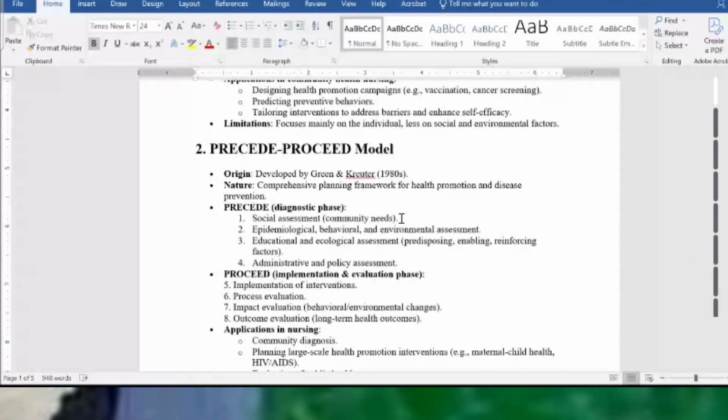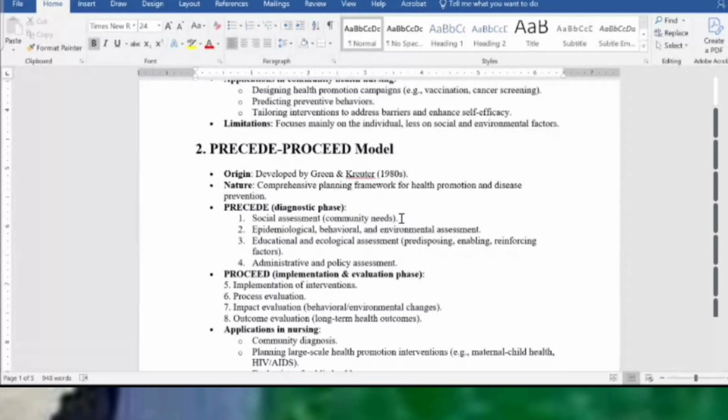When you're talking of social assessment, we are talking about how to identify the social problems and the needs of a community, and be able to determine the desired community outcomes. That is all about the social assessment. When you are looking at epidemiological, behavioral, and environmental assessment, it is about identifying specific health problems and their determinants.